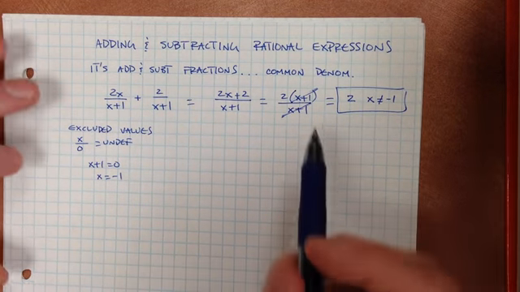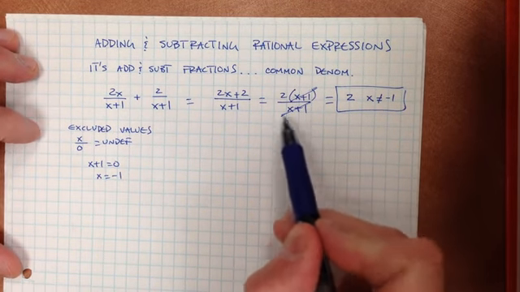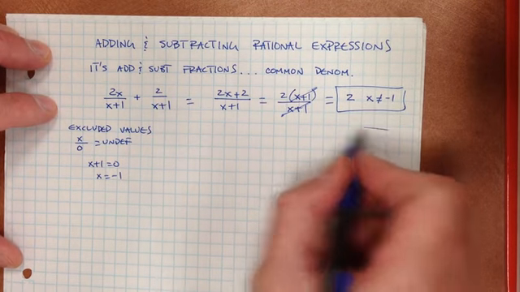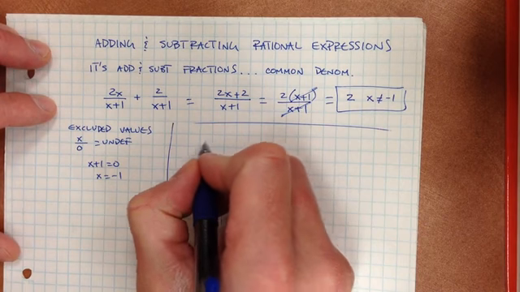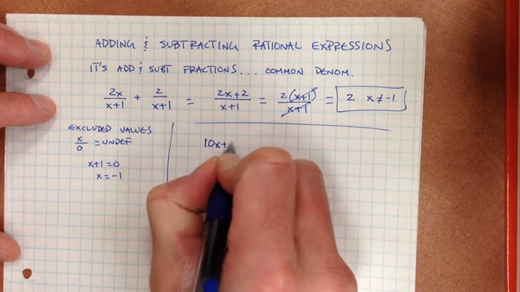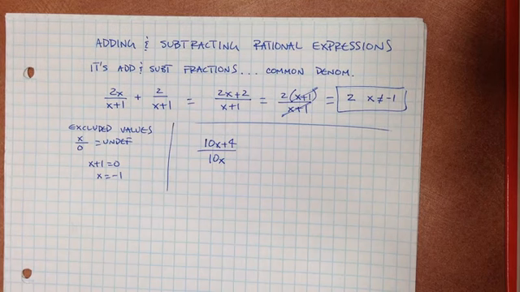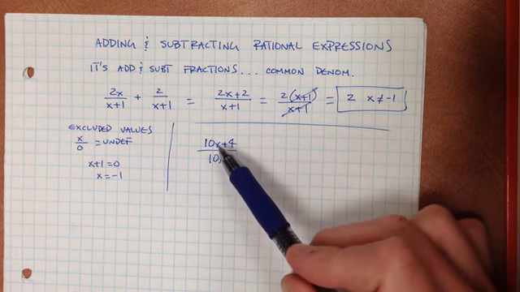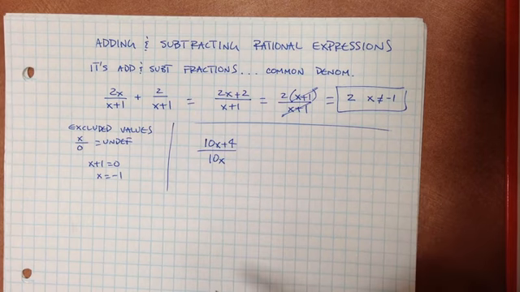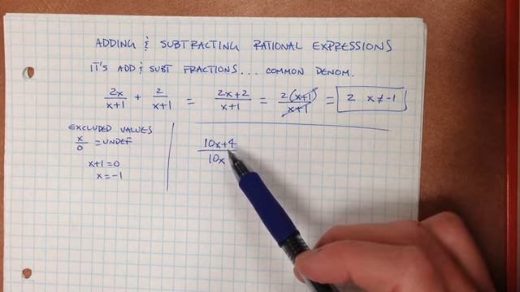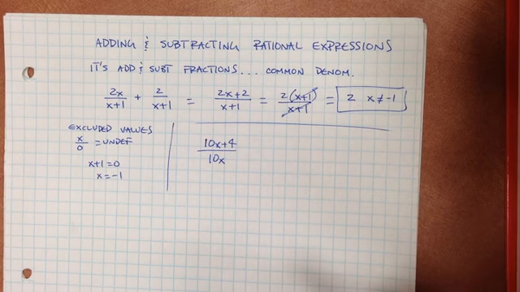Okay, now I also want to talk a little bit about this canceling. I've seen in many instances something similar to this. Let's say you have 10x plus 4 over 10x. I have seen many an algebra student want to cancel the 10x here. That is just not allowed. It is held together with addition, and if it is held together with subtraction, you're not allowed to break those up.